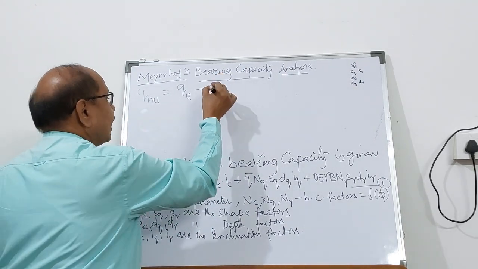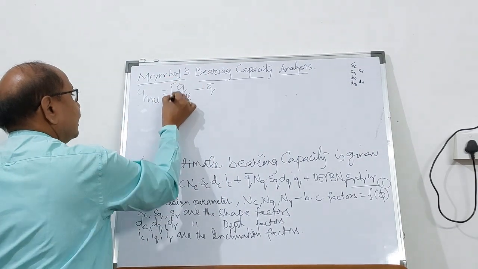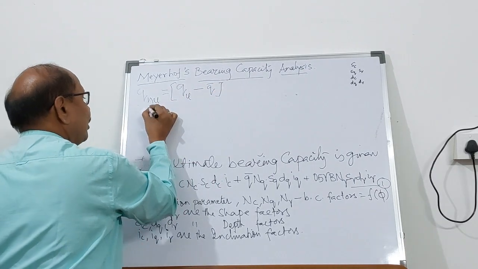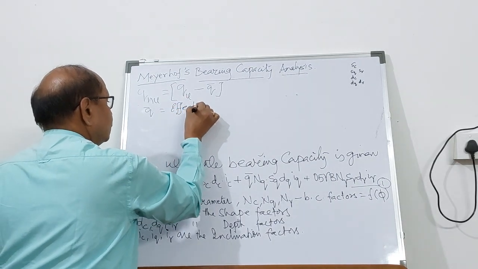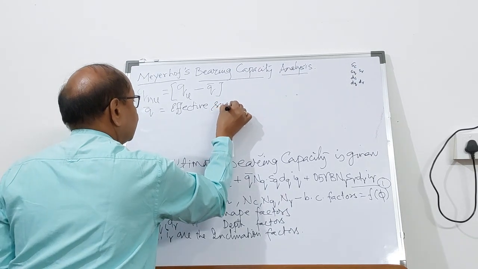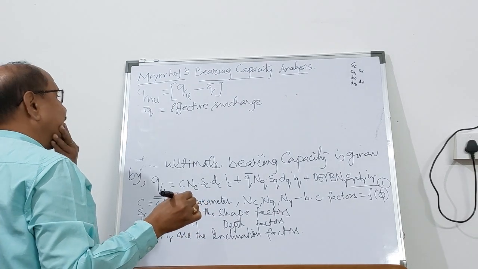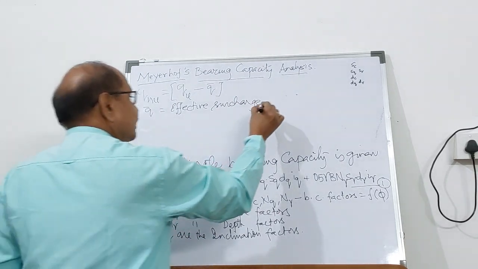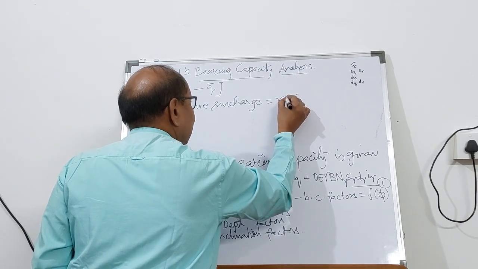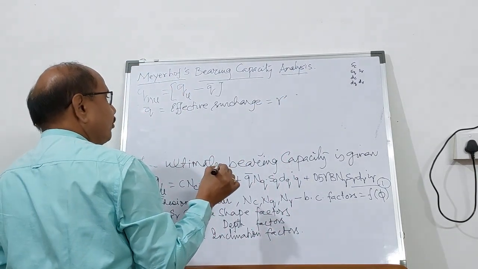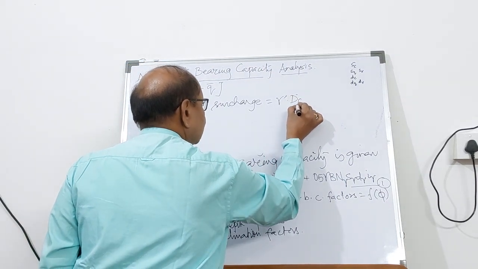So surcharge should be deducted, where q bar is called effective surcharge. And this effective surcharge is taken as equal to gamma prime, the effective unit weight of the soil above the base of the footing, into depth of foundation.